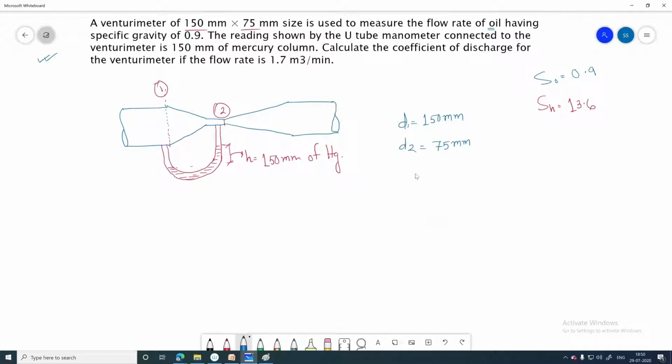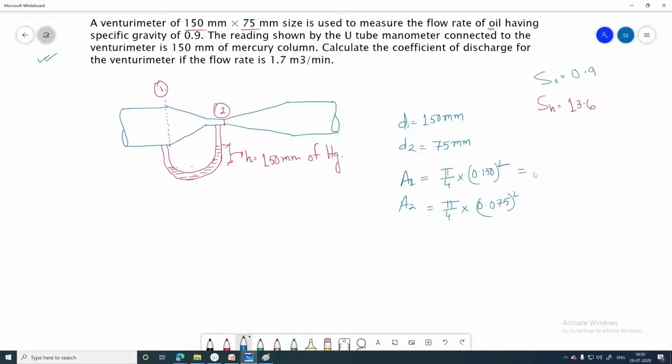So now we can determine area 1 as well as area 2, that means the cross sectional area at section 1 and at section 2. So area 1, if you convert it to meter, will be pi by 4 into 0.150 square, and A2 will be the same, pi by 4 into 0.075 whole square.